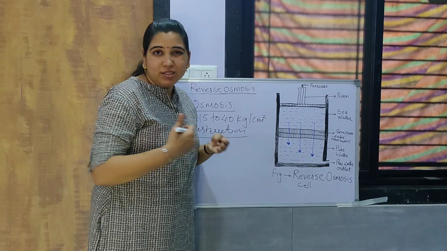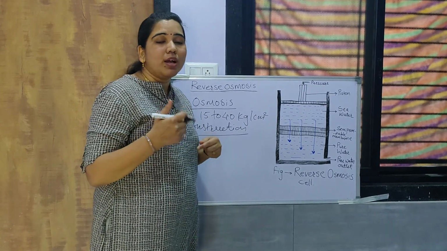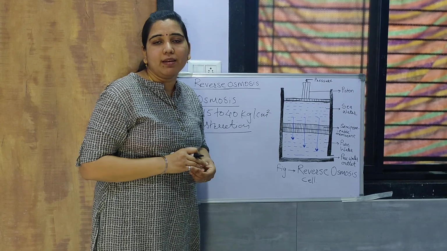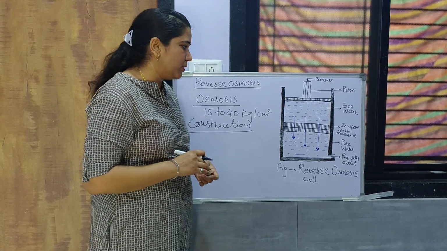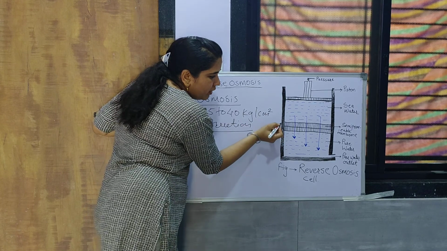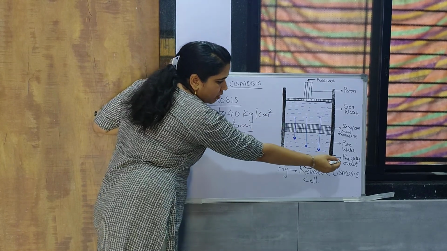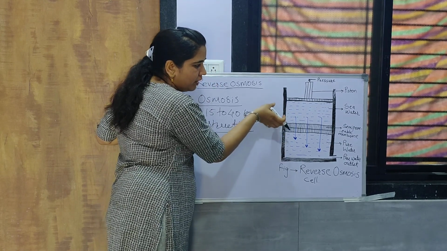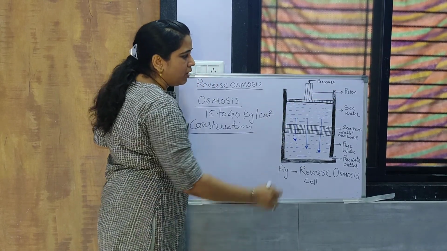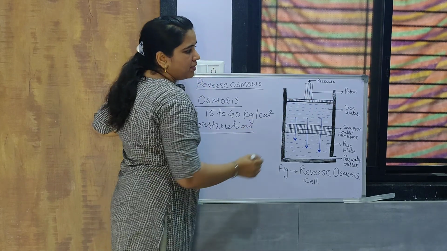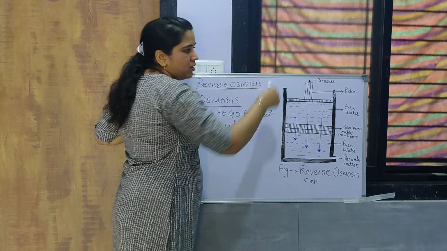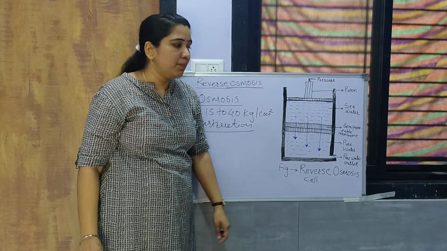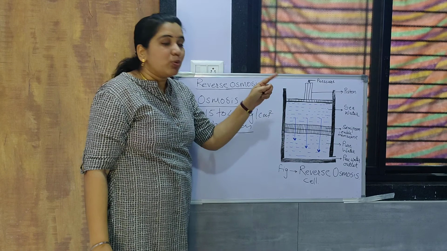In recent days, that cellulose acetate is replaced by polymethacrylate or polyamide type polymers. Here you can see there is one pure water outlet, with the pure water in the lower compartment, while in the upper compartment there is sea water. One piston is fixed on the upper side, and through this piston pressure is applied, and that pressure is a hydrostatic pressure. So this is about the construction.